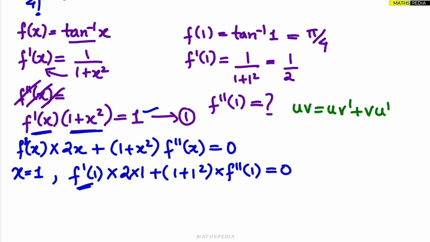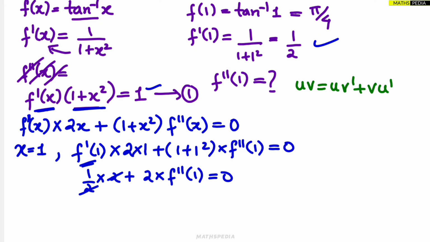So f dash of 1, the previous value we have already calculated, which is 1 by 2, into 2, plus 2 into f double dash of 1 equal to 0. This and this are gone. So f double dash of 1 will be equal to what? This 1 will go to the right side, it will become minus 1, 2 will come down, it will be minus 1 by 2. So we got the value.